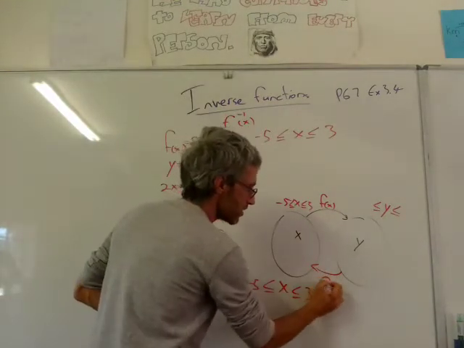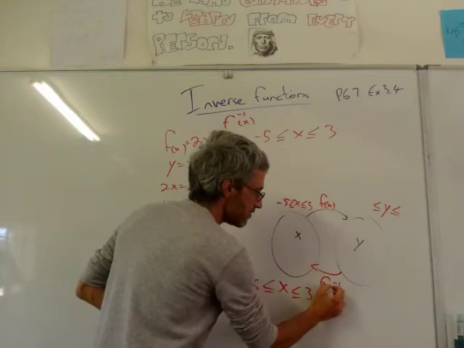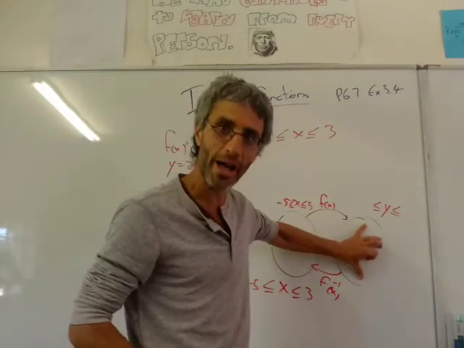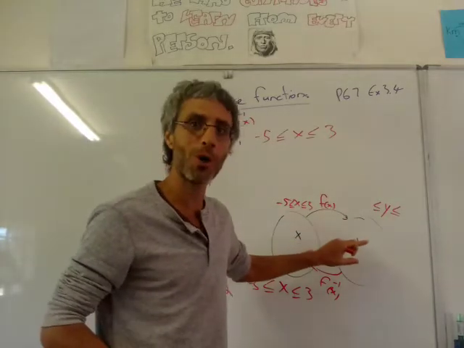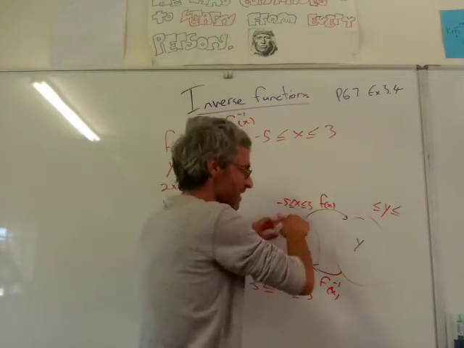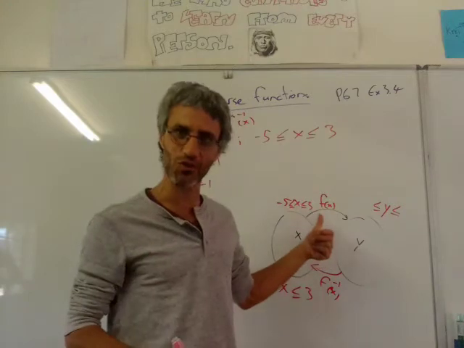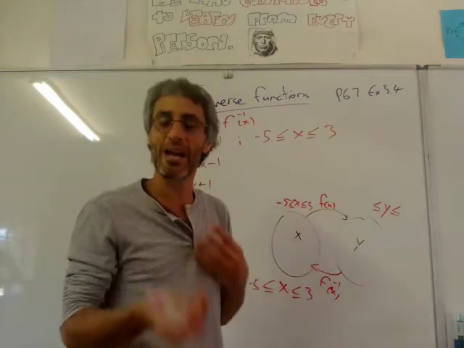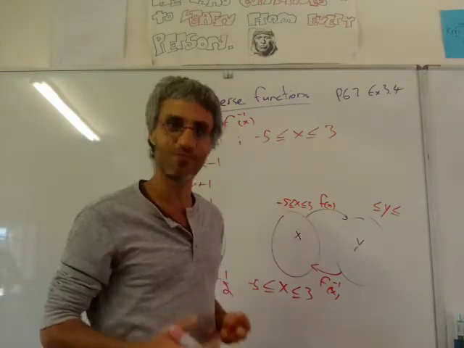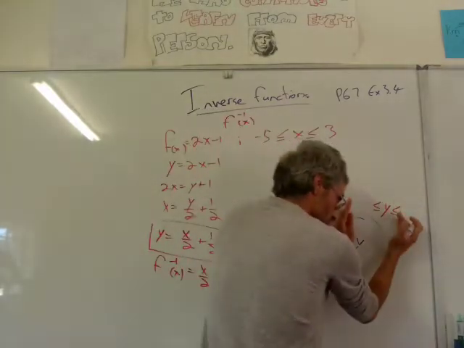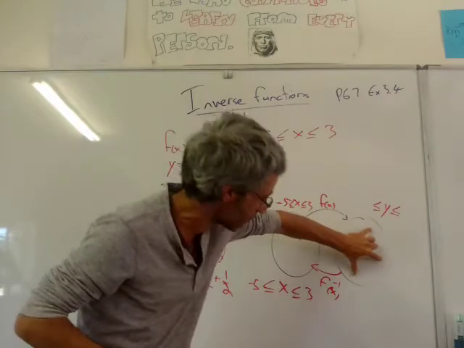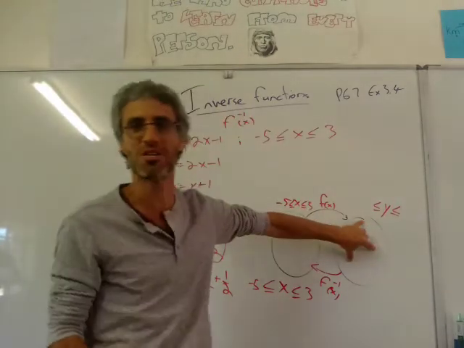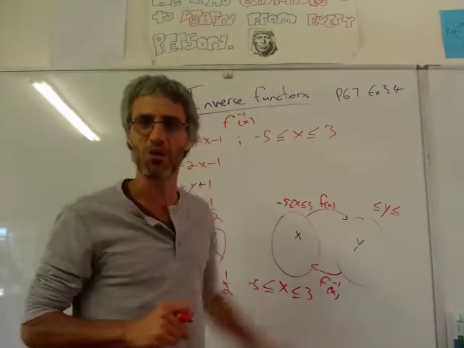The inverse function takes a bunch of values from the y and puts them back as the x. So this is the domain and this is the range as far as f is concerned. As far as f minus 1 is concerned, that will be the domain and this the range. They swapped sides, because the inverse function takes us from here to there. So what used to be the range is now the domain.